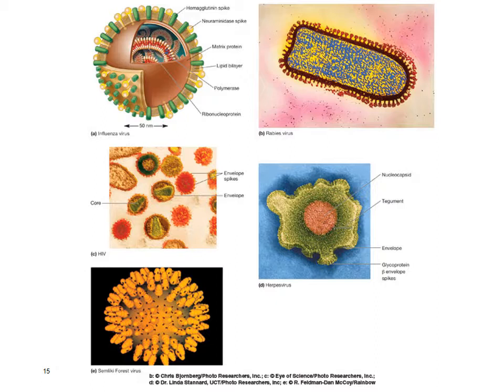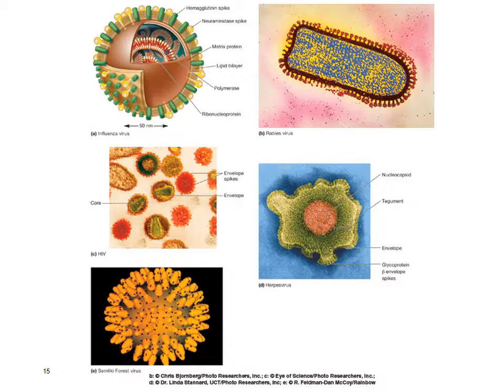Other spikes contain what are called hemagglutinin proteins, and these are so named because they can bind the virions to red blood cell membranes and cause the red blood cells to clump together, otherwise known as agglutination. This is called hemagglutination. Hemagglutinins participate in virion attachment to host cells.